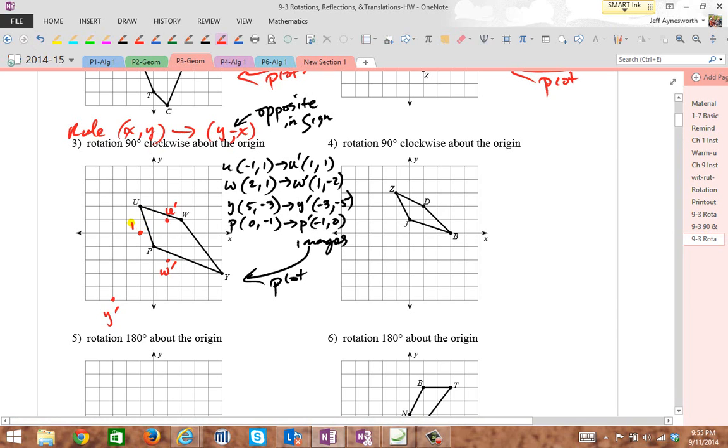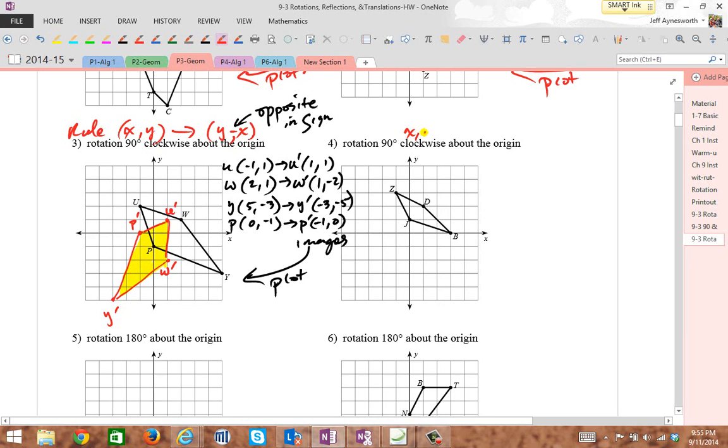Okay, P prime is right here. So now you connect. I'm going to clean this up a little bit. There we go. And then highlight if you want, so you can see the image better. All right, same shape, same size. This is an isometry.